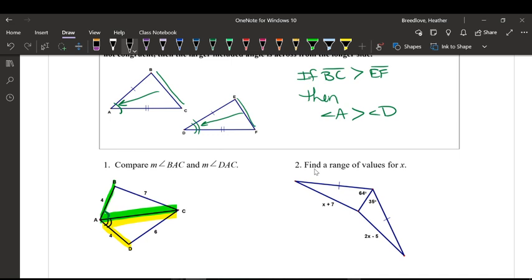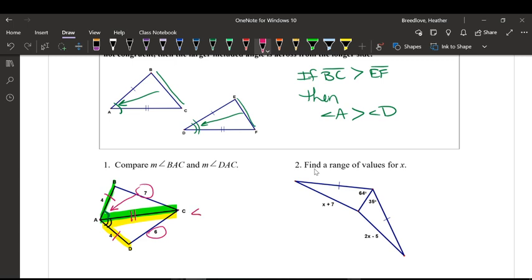All right, so we want to compare the green one to the yellow one. Which one is bigger? Well, we don't know because there's no information given about angles in that picture. But if we check to see if two of the sides are the same, side AB is marked with a 4, side AD is marked with a 4, so they're congruent. They share a side, so that's the same as itself. So there is only a third side that we're looking at. If we look at the 7 and the 6, the 7 is the larger side, and the larger side is going to be across from the larger angle.